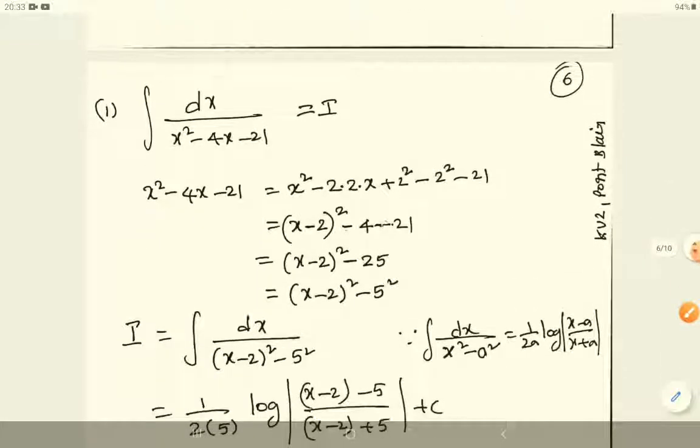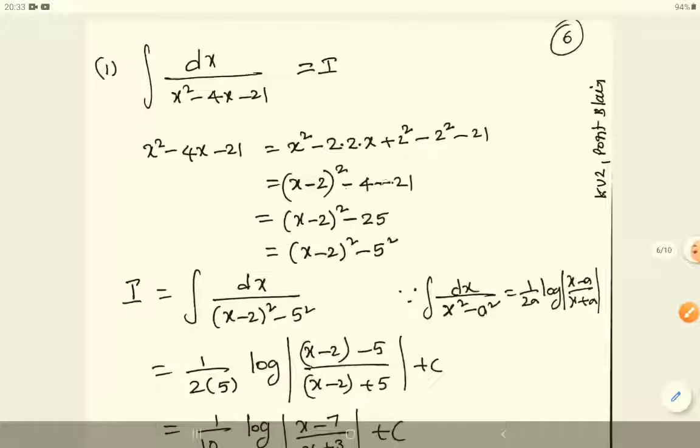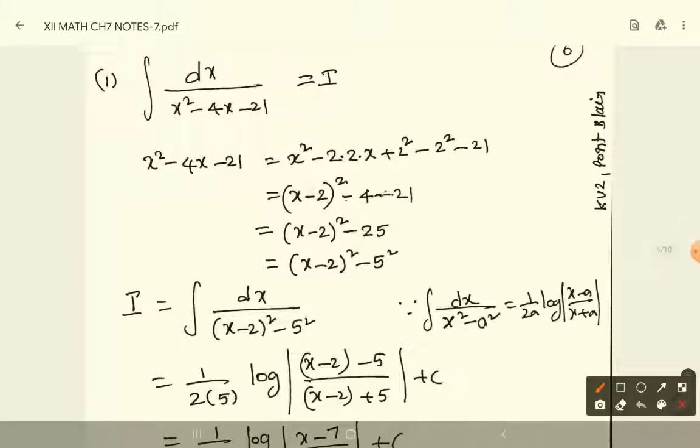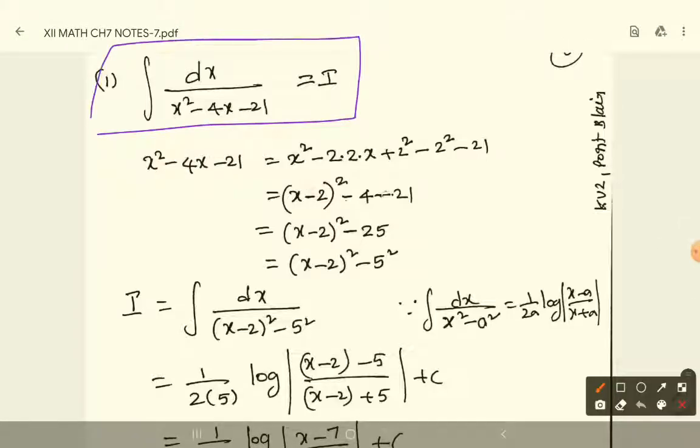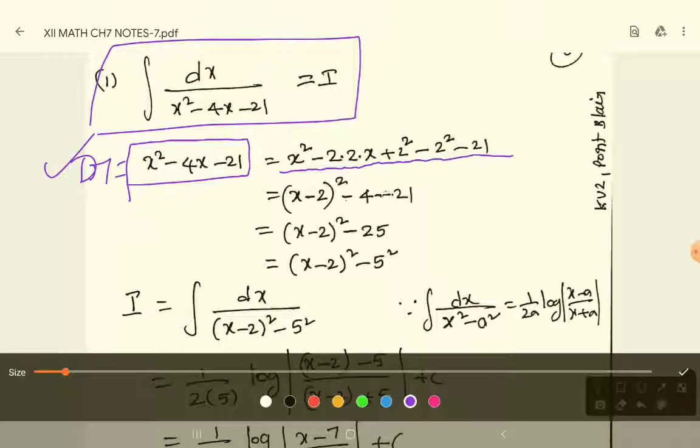First question, first take the given integral as I. Take the denominator first, dr means denominator. x square minus 4x minus 21 can be written as x square minus 2 into x into 2 plus 2 square minus 2 square minus 21. So what will happen, I can write this one as (a minus b) whole square, (x minus 2) whole square, where a is equal to x, b is equal to 2.